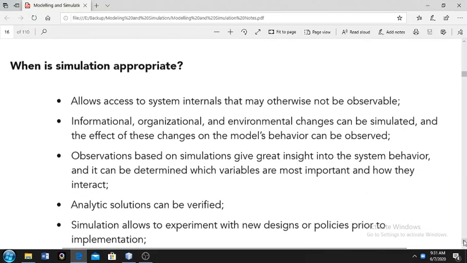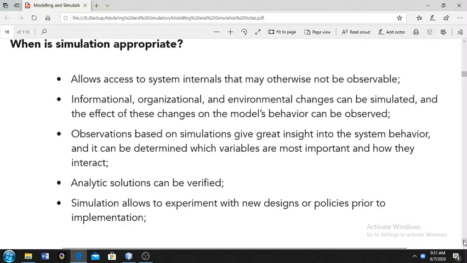When is it appropriate to simulate? It allows access to system internals that may otherwise not be observable. Informational, organizational, and environmental changes can be simulated, and the effect of these changes on the model's behavior can be observed.